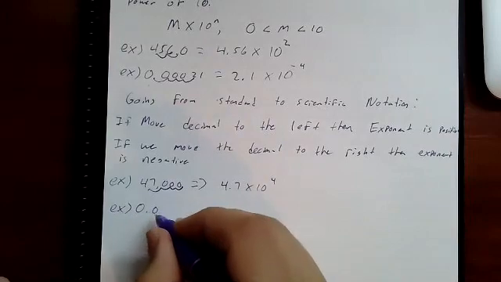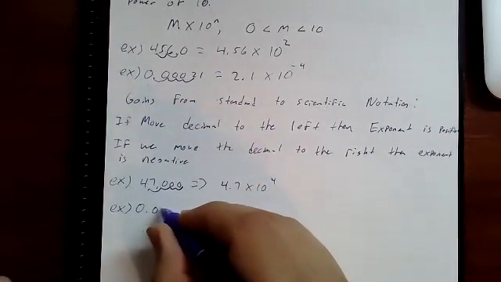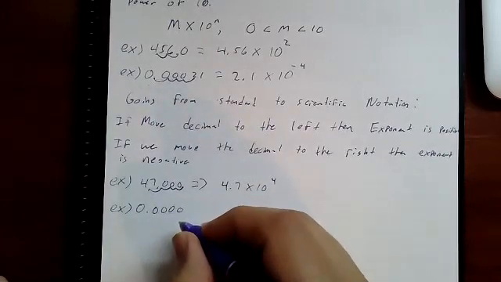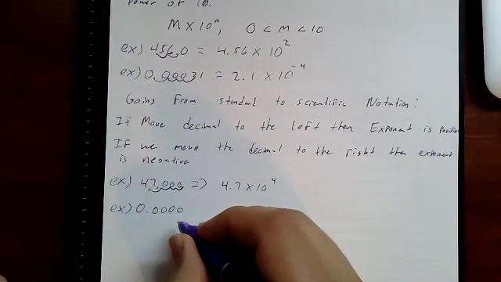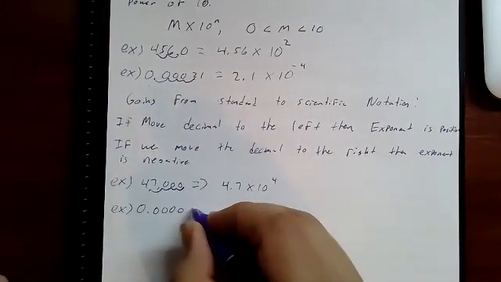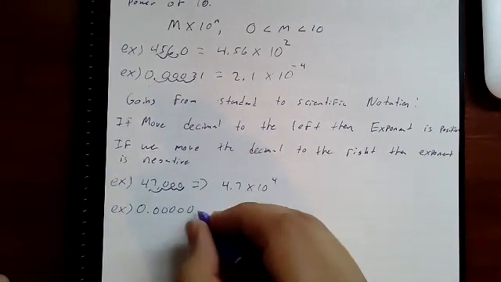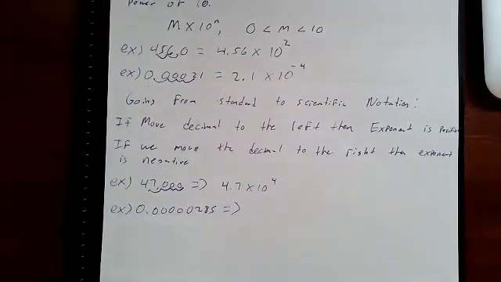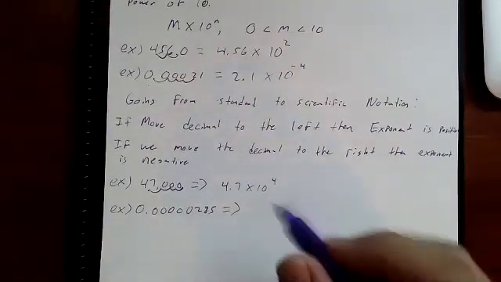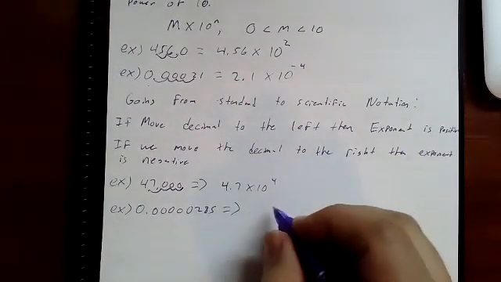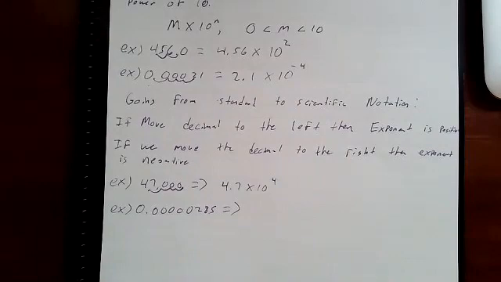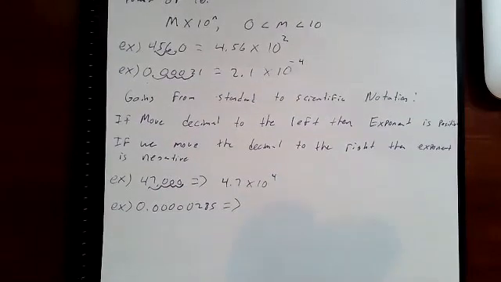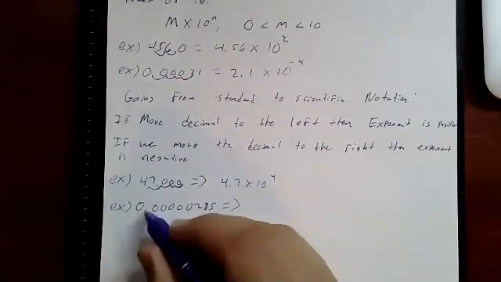Let's do one more. This guy, I'm going to move it to the right. What will the exponent be, positive or negative? Negative. Yeah, it's going to be negative, right?